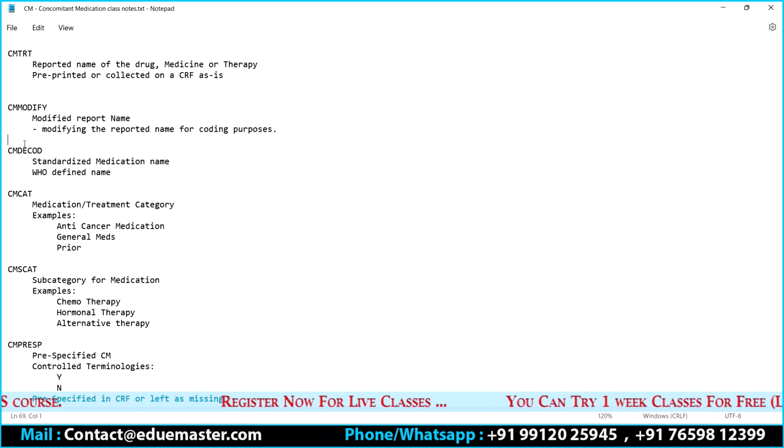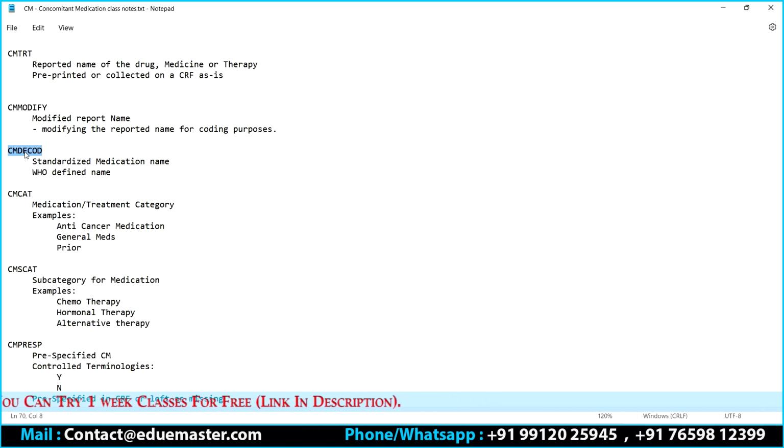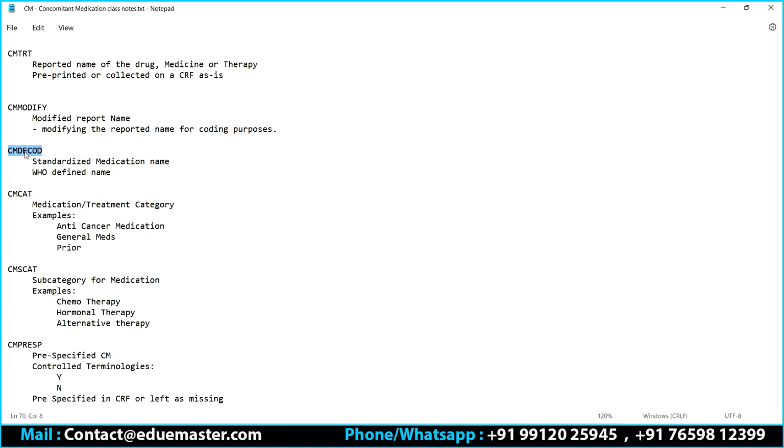CMDECOD is going to be a dictionary standard medication name. Remember, it is not MedDRA. Here it is going to be the World Health Organization dictionary. Whatever your WHO defined, the same thing will come into the picture. If it is not defined in your WHO database, then it is left as blank.